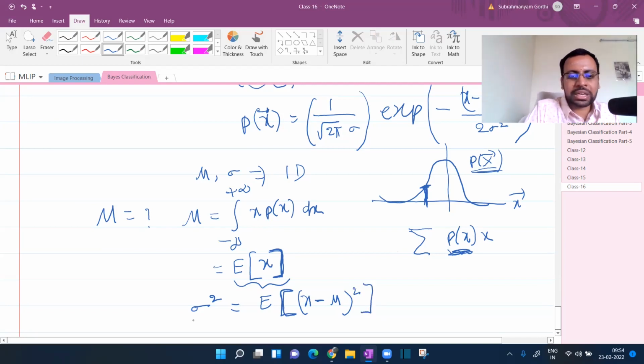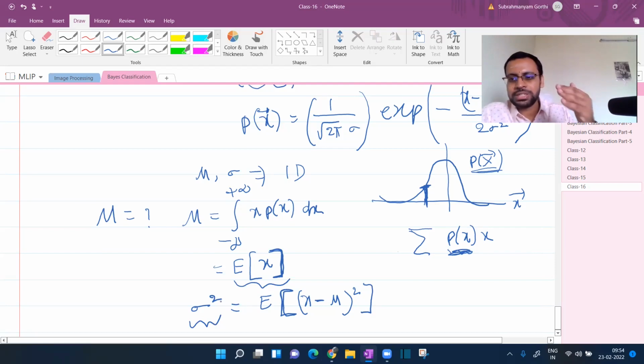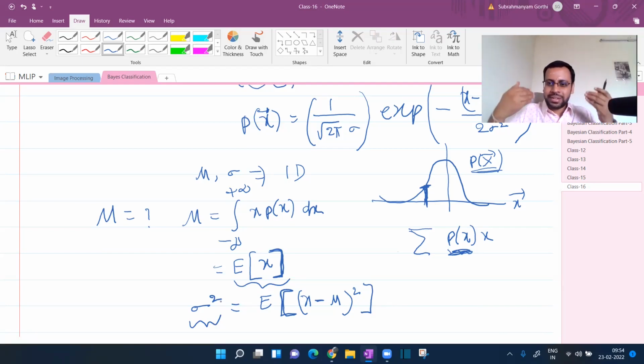I am not talking about standard deviation but about variance, so the expected value of x minus mu whole square would give you the variance.